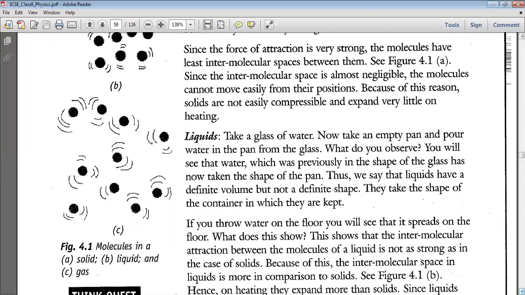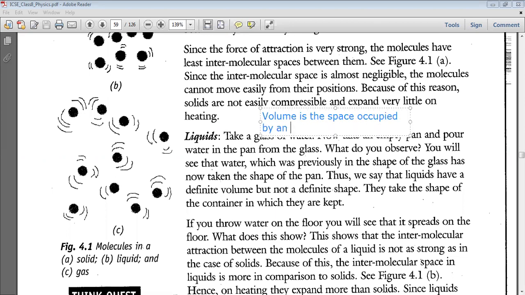But the volume that is occupied by the liquid, volume means the amount of space that is occupied by an object. So I write the definition. So volume is the space occupied by an object.